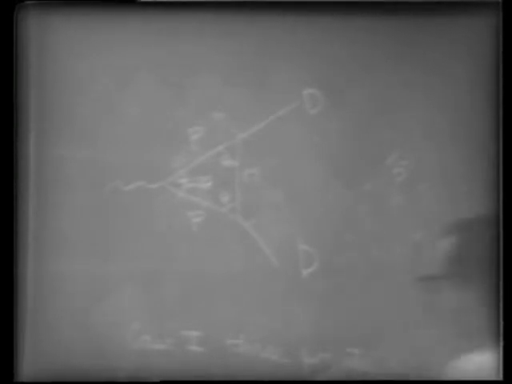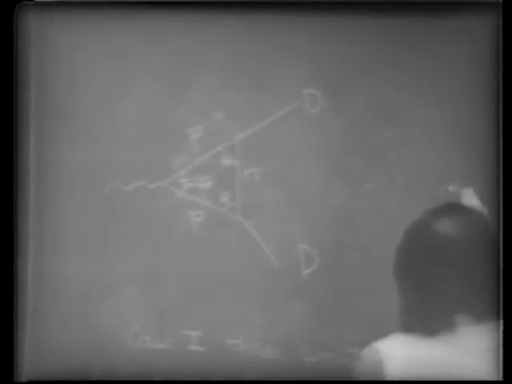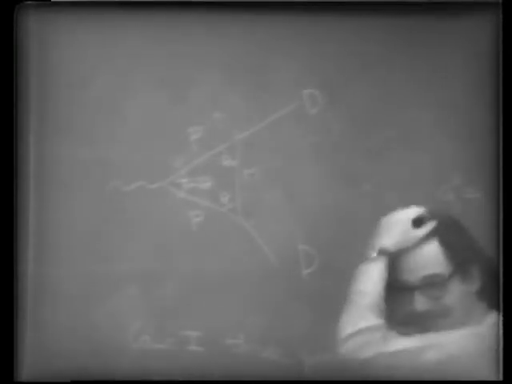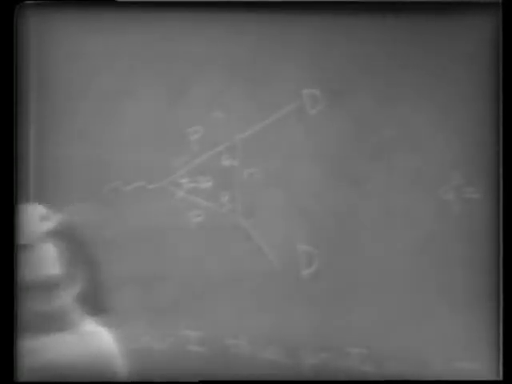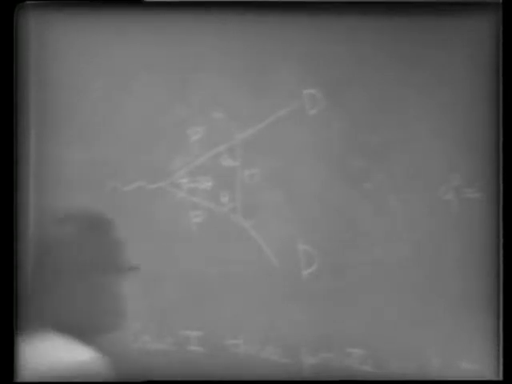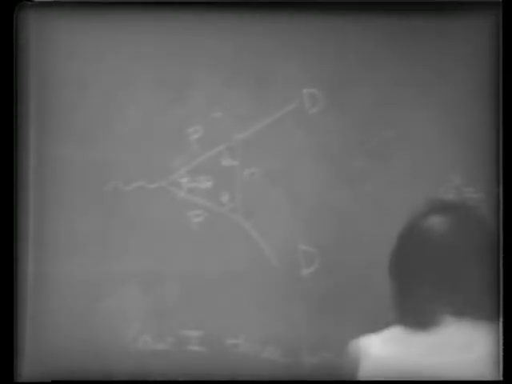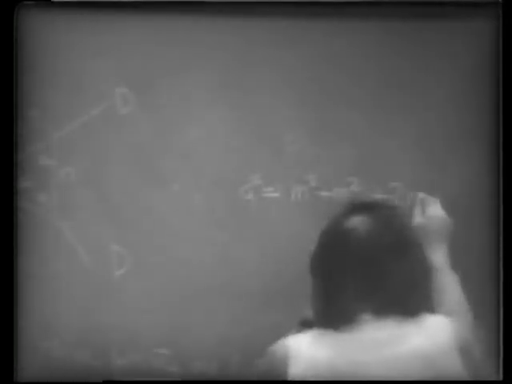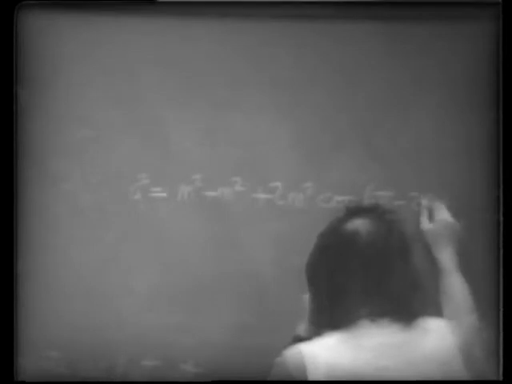Therefore, by applying the same reasoning to the third angle, q squared is m squared plus m squared plus 2m squared cosine of pi minus 2 theta.